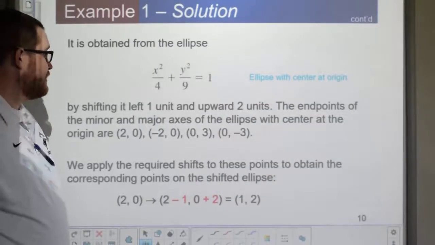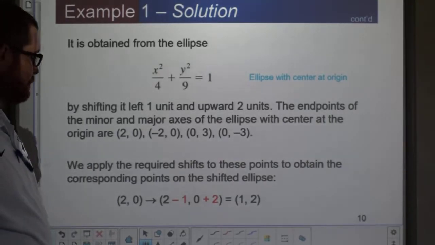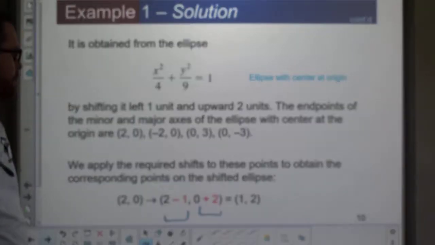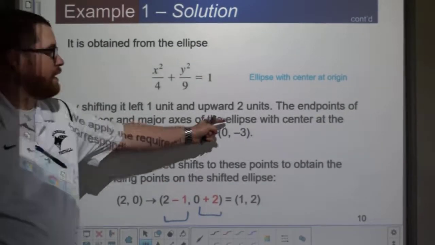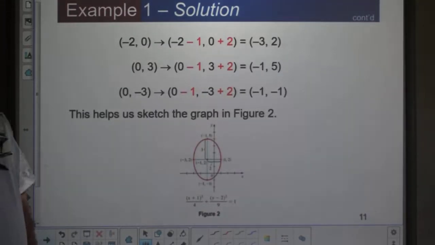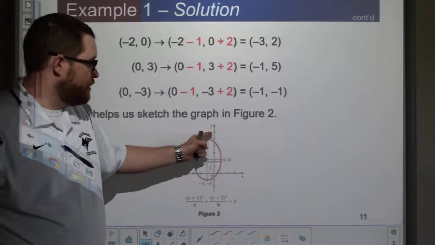But since I went left 1 and up 2, for every x value I'm going to subtract 1. For every y value, I'm going to add 2. So the 4 points that I drew are now going to become (1, 2), (negative 3, 2), (negative 1, 5), and (negative 1, negative 1). So this is my new ellipse.